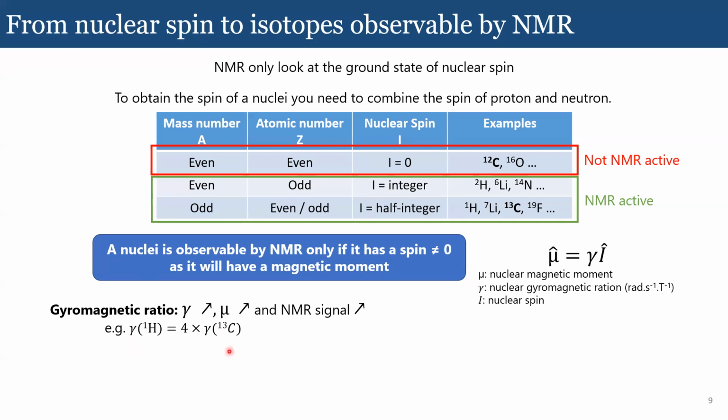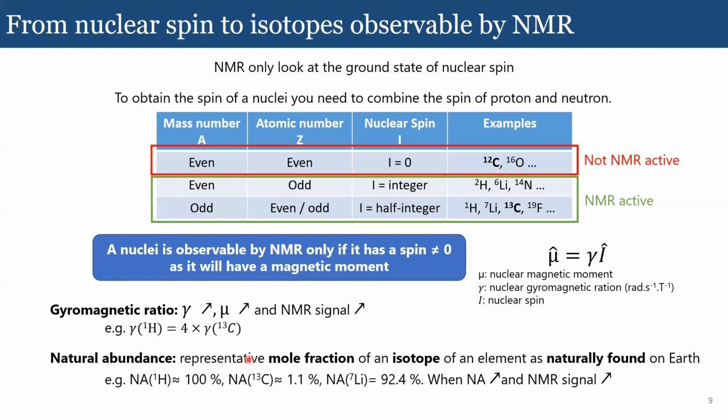In contrast, the gyromagnetic ratio of carbon is only a fourth of that of proton. So by that definition, carbon is going to be less sensitive too.